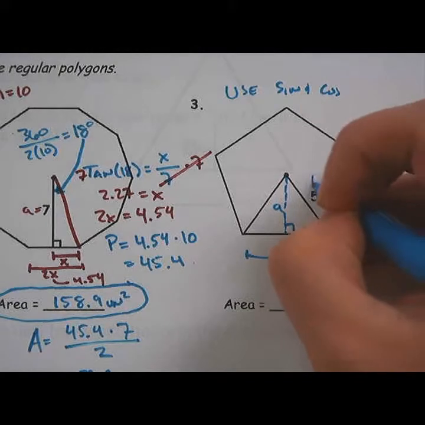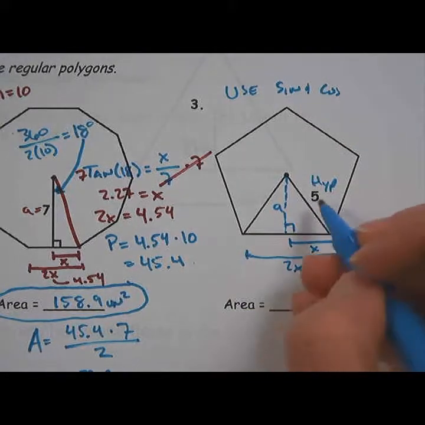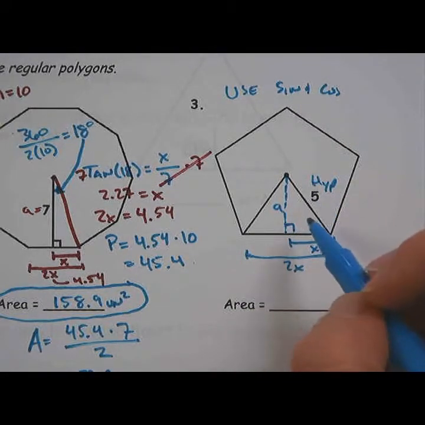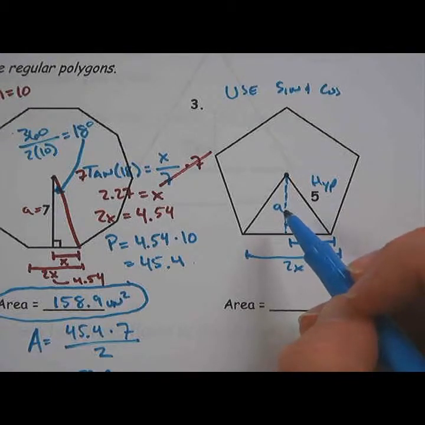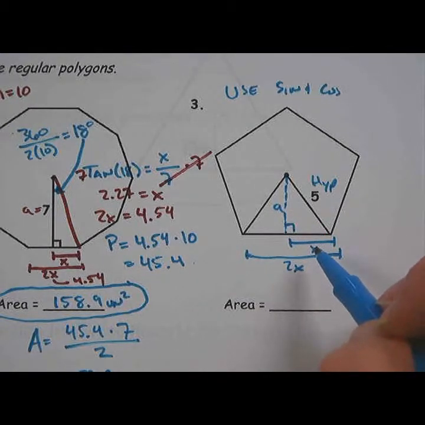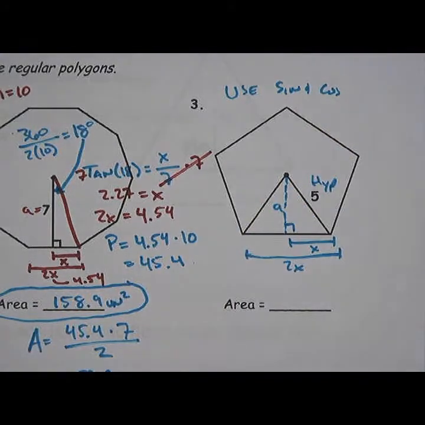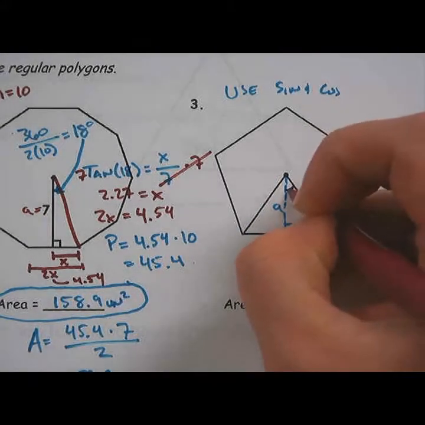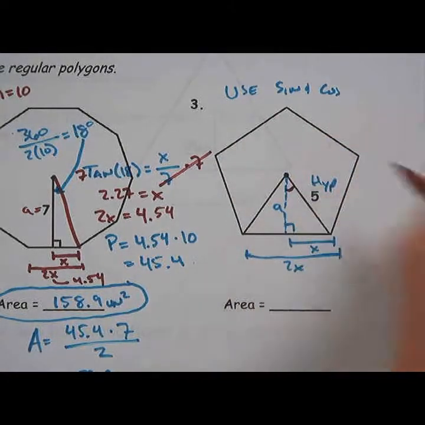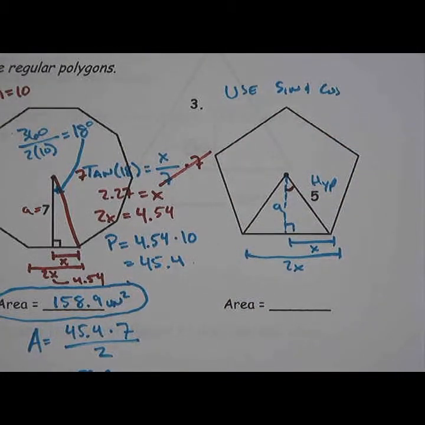And this is the hypotenuse. So you're given the hypotenuse, and you need to set up 2 equations. One using sine to find x, the other using cosine to find the apothem. Don't forget to find your missing angle too, knowing that we have 5 sides here. So that's how you would set up number 3.